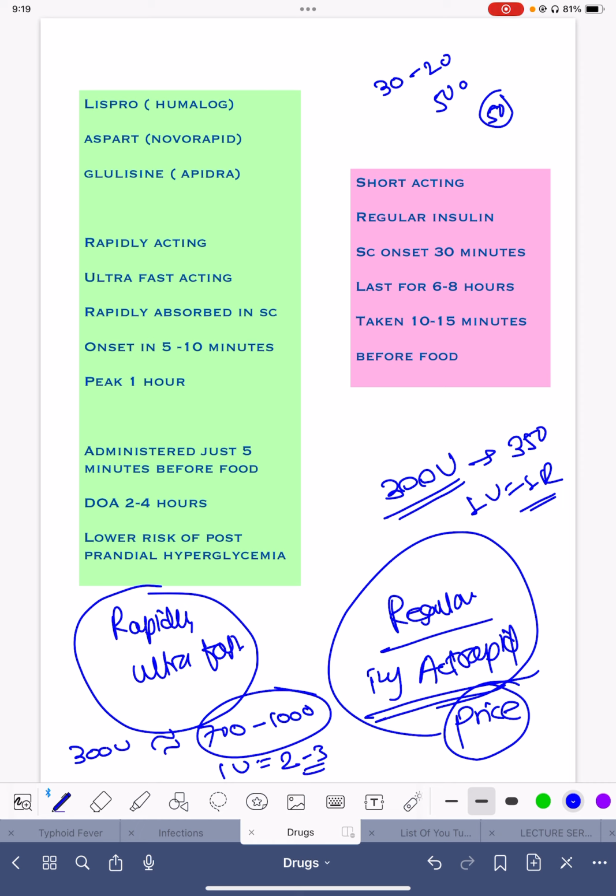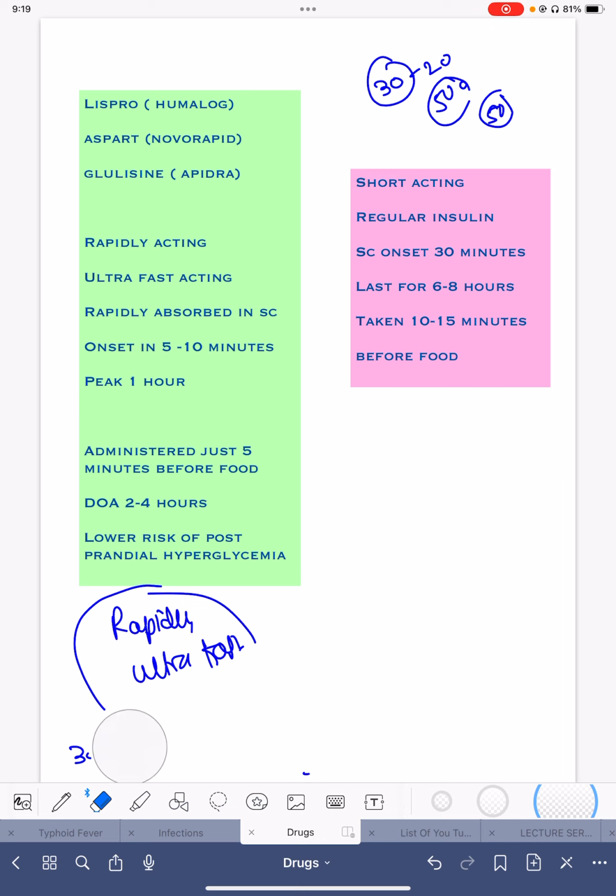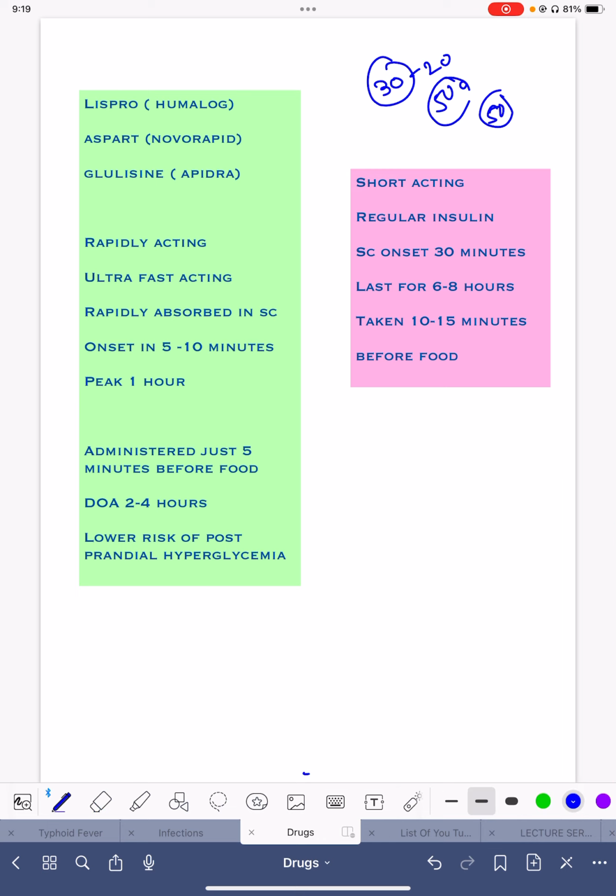Then this 300 unit cartridge is going to end within 6 days. If someone is getting 30 units per day, within 10 days this cartridge is going to end. That is the reason why affording this ultra fast acting insulin can definitely be very costly, not only to all the patients, but few other patients.